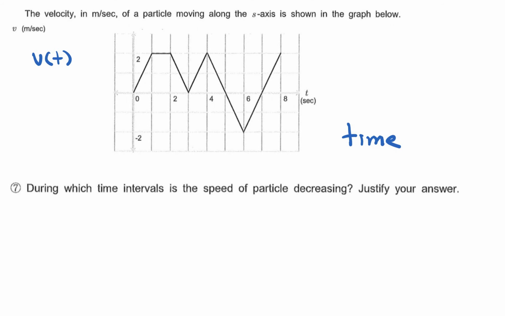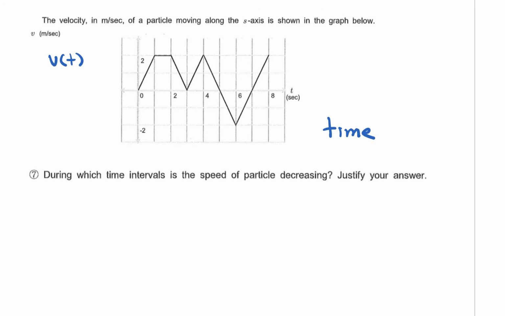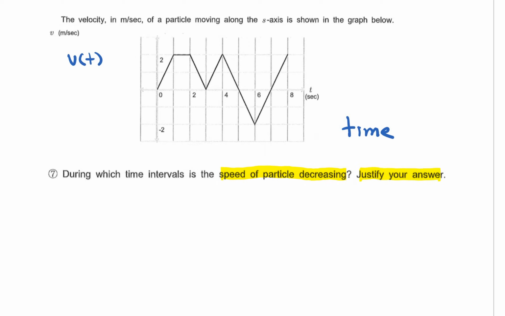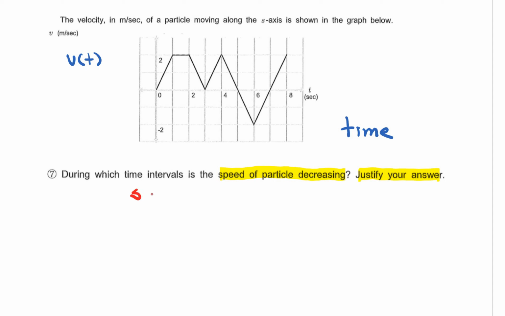Okay, so during which time intervals is the speed of the particle decreasing? Justify your answer. All right, so if the speed of the particle is decreasing, that basically means two things. Basically, that means the sign is different. That's the reasoning, right?